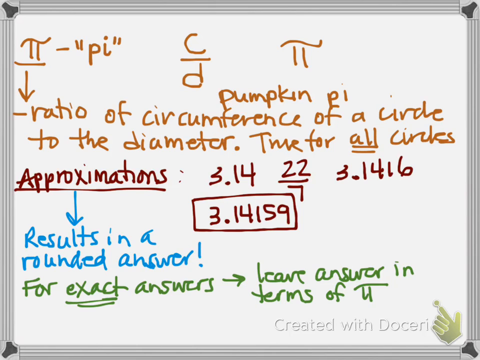So there are times when the approximations are good enough and there's times when the only acceptable answer is the exact one. That includes the pi. So let's do a couple examples. So our default is if you're told to approximate and they don't give you a value, use 3.14159. If they give you a value to use the approximation, then use what they tell you, okay?